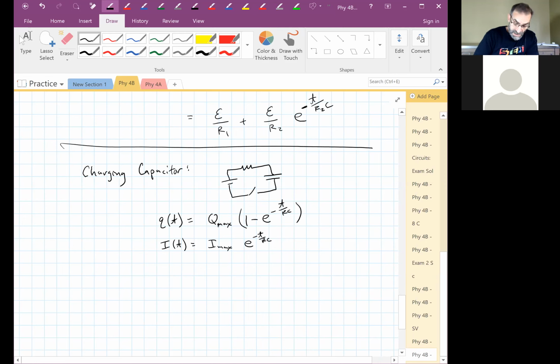What is Q maximum? Q equals CV, right? So the maximum is just the whole battery across the capacitor, when the voltage is equal to the whole battery voltage. And I maximum occurs right at the very beginning.